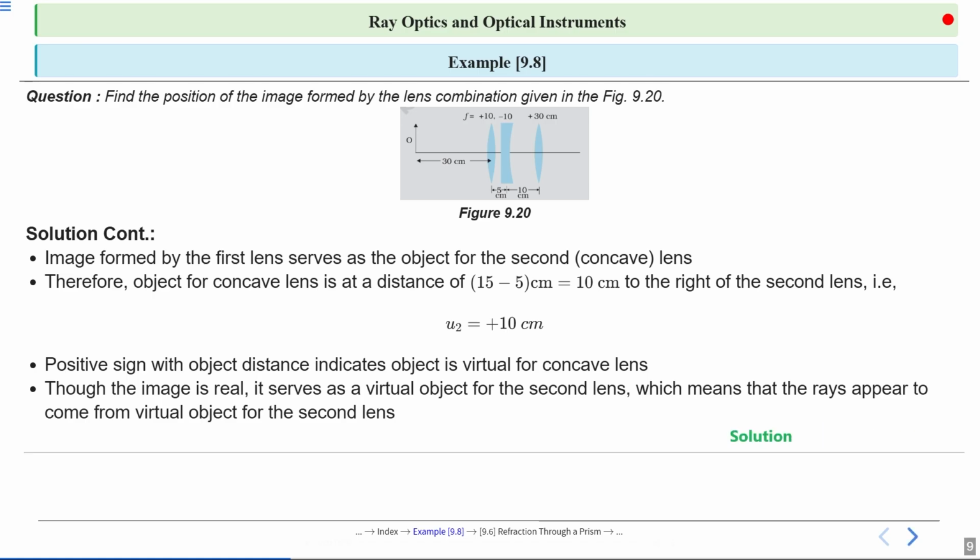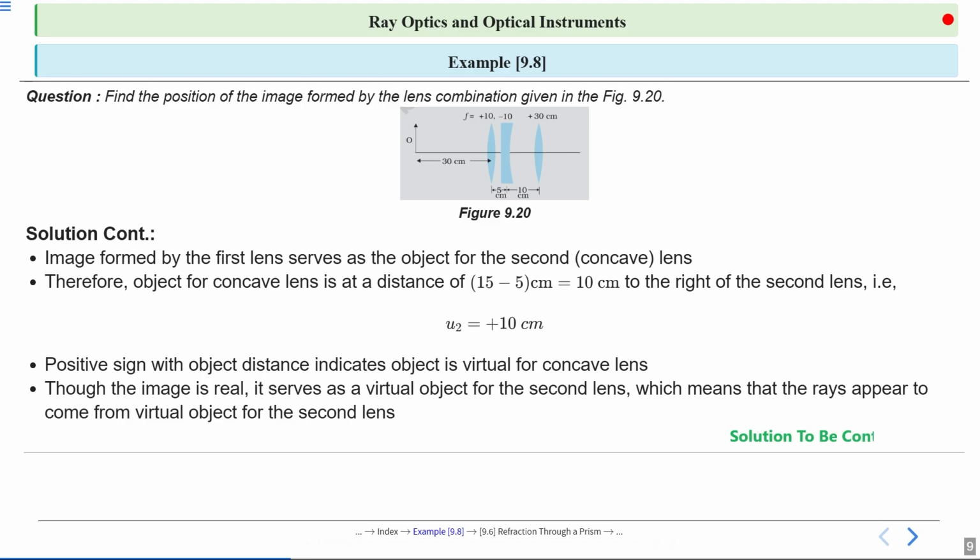Okay, I will explain again. So what is happening here? The object is placed 30 cm in front of the convex lens. The image is formed on the other side of the lens at 15 cm, but the concave lens is placed in between, at 5 cm from the lens. So the rays that are being converged by the first convex lens will fall on the concave lens.